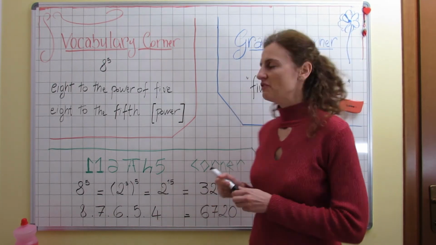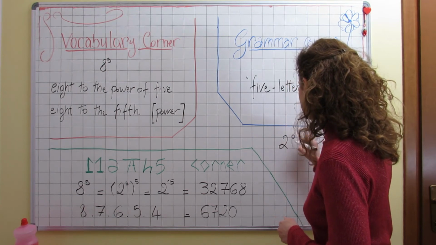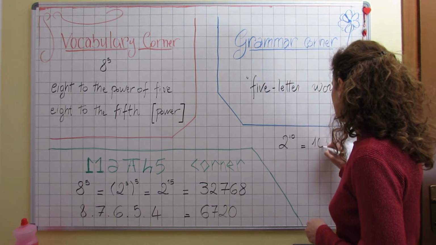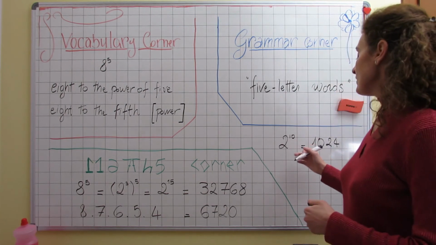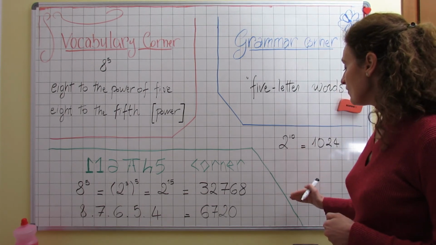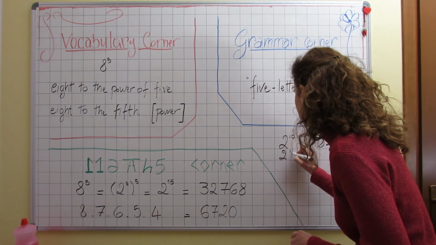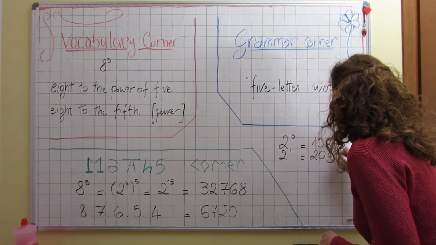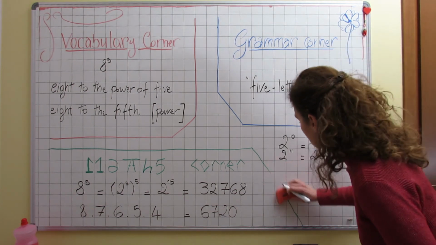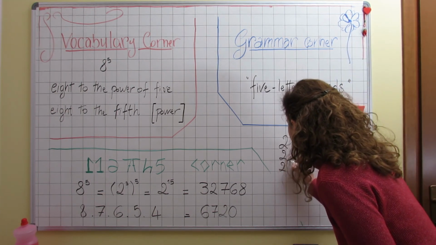But even if you know just 2 to the power of 10, and you know that this is 1024, you can calculate the following powers, just doubling this number. So 2048, and it's not difficult to keep doubling. You double and double and double.